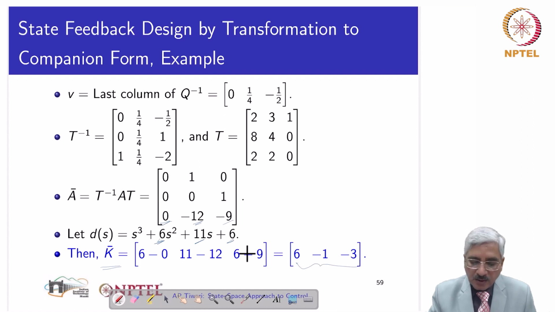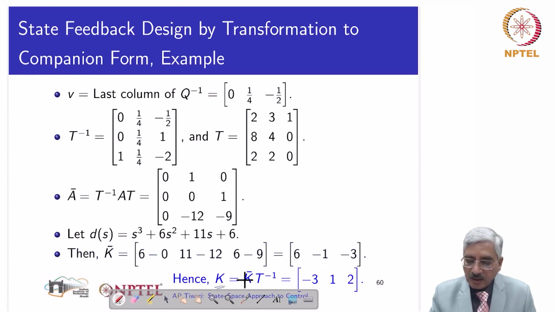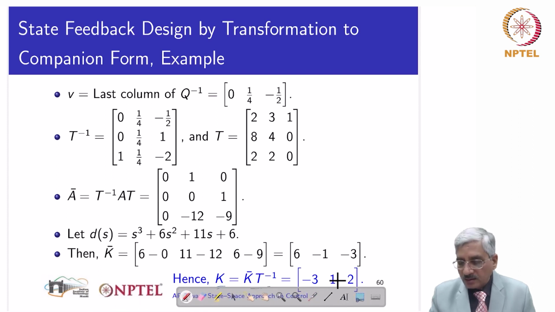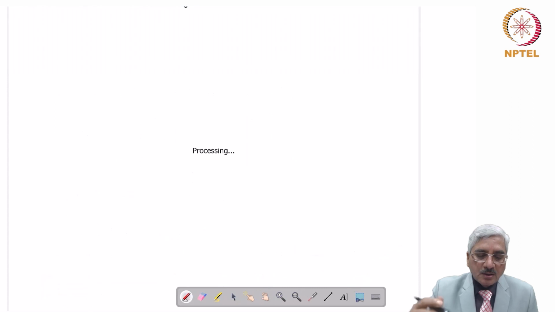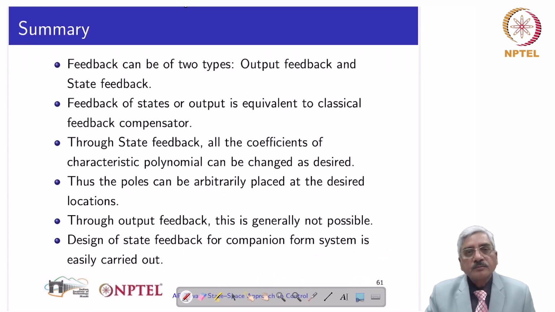These are the gains for the companion form system, the K bar. And from K bar we get K by post multiplying K bar with T inverse, and then we get minus 3, 1, 2. We get the coefficients of the gain matrix for the original system.